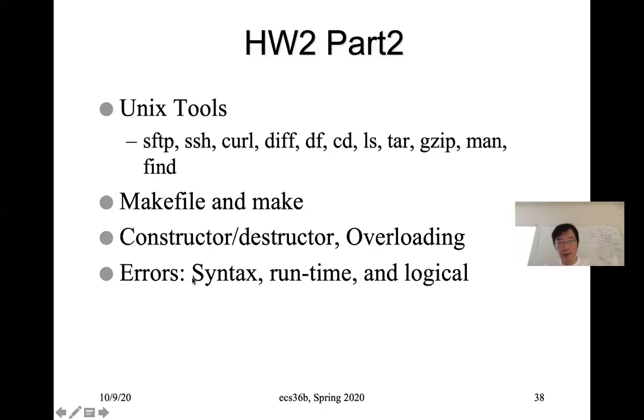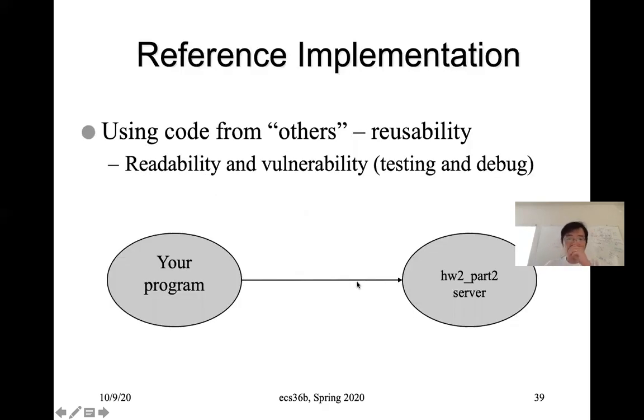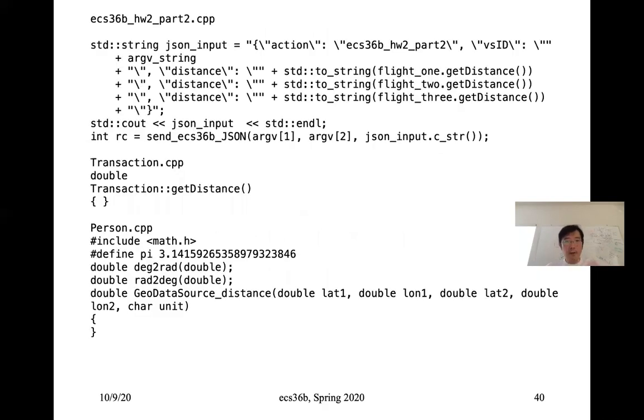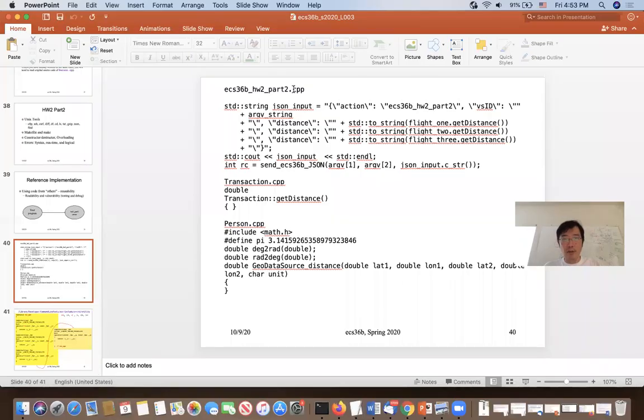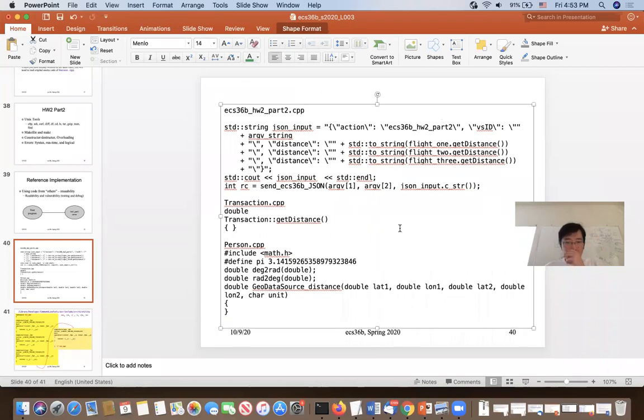And of course, you learned the 3 types of error: syntax, runtime, and logical error. Okay, so here are a few pieces of code related to the logical error. Let me actually do something before I get into this piece of code.